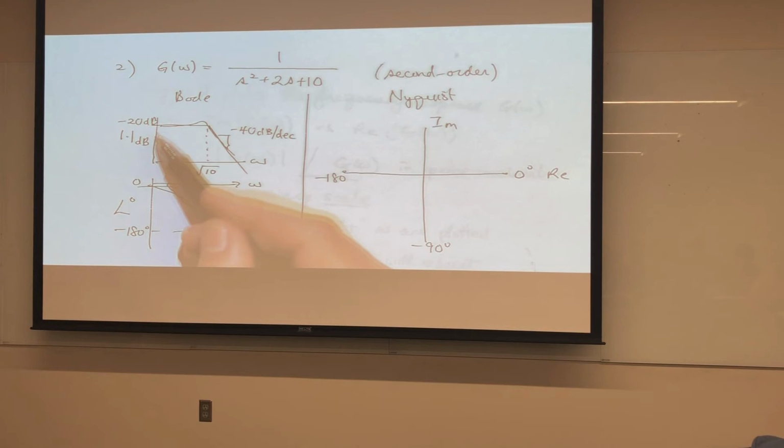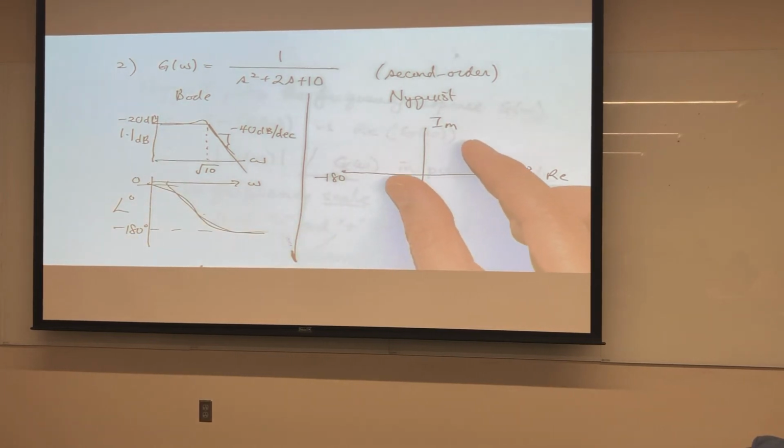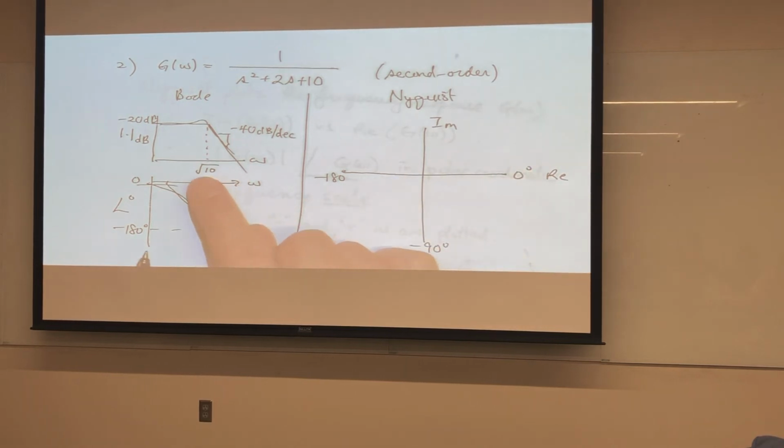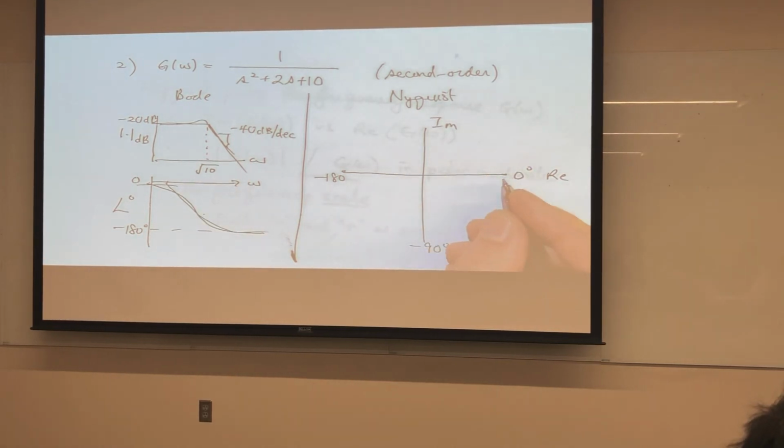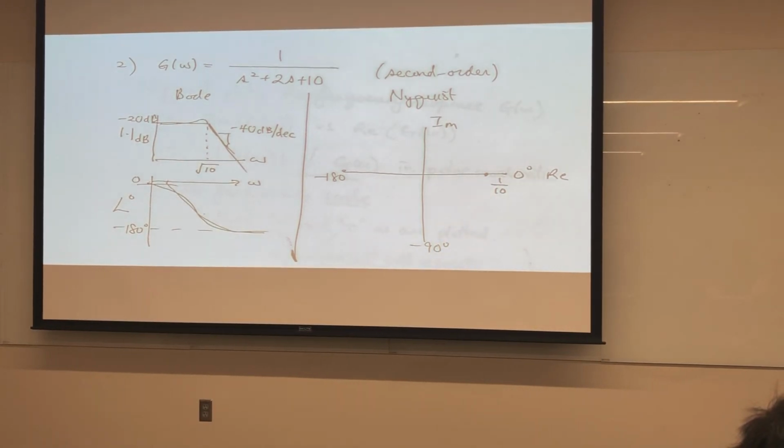So I could start off here at low frequency and say when the frequency is low, I've got minus 20 dB as the magnitude, so that means my distance from the origin should be the equivalent of minus 20 dB. And my phase is 0 degrees, so I got to be out this way. And so it starts off right here at 1/10.